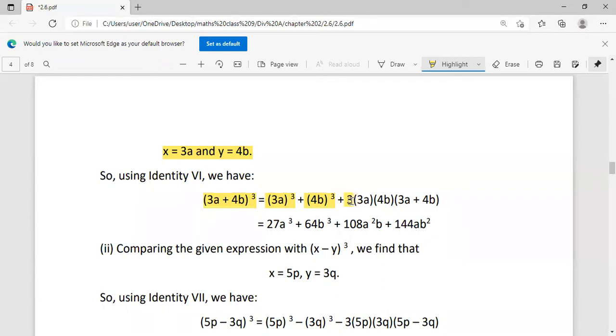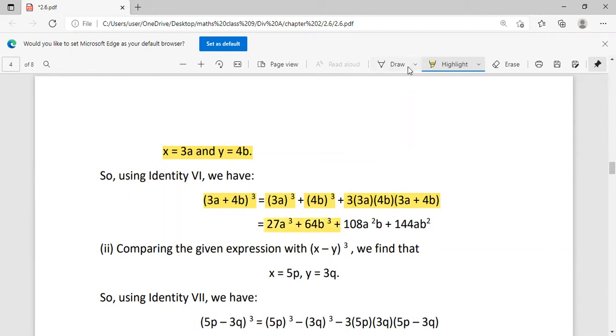That is 3 into xy, x is 3a and y is 4b, into x plus y, that is 3a plus 4b. And we are opening the brackets. What is 3a whole cube? It is 3 cube into a cube, that is 27 a cube, plus 4 cube means 64, that is 64 b cube, plus.